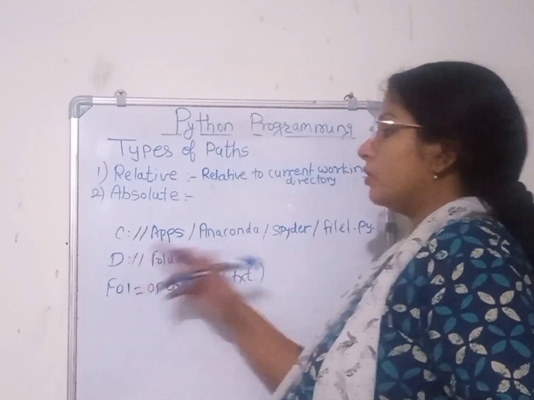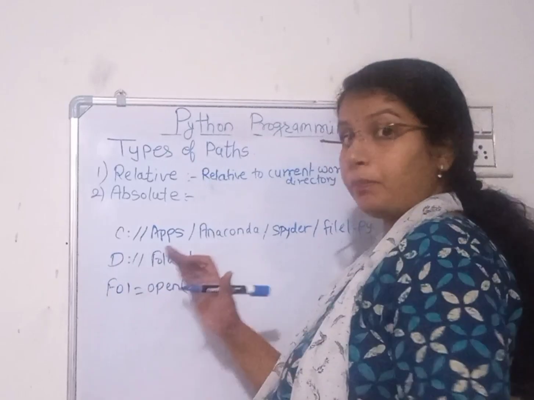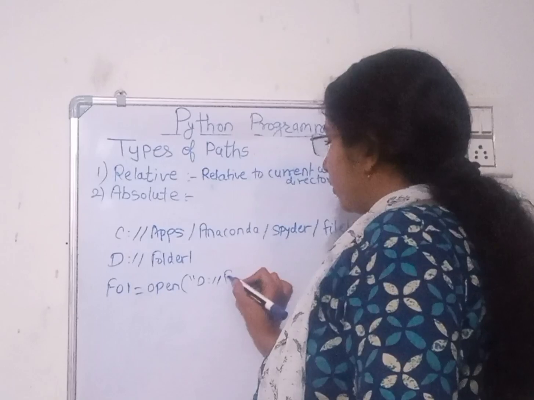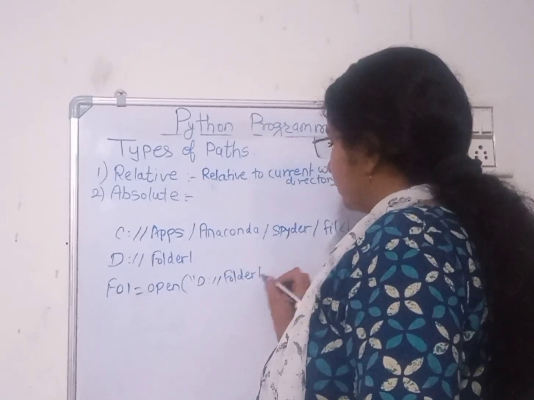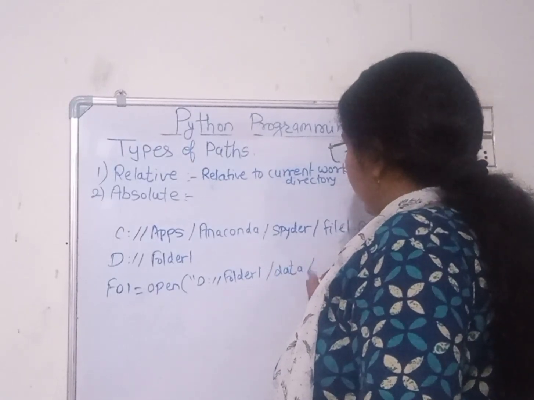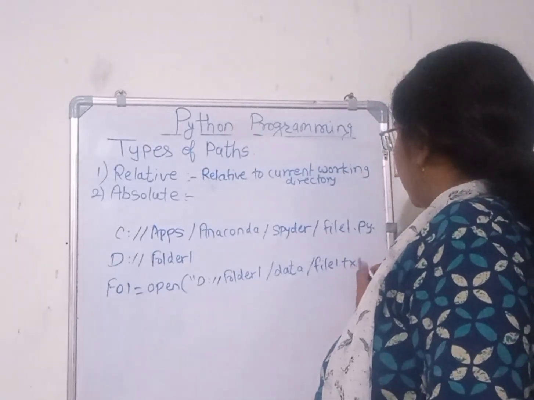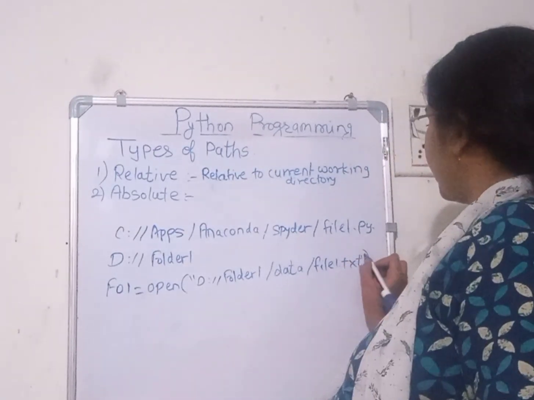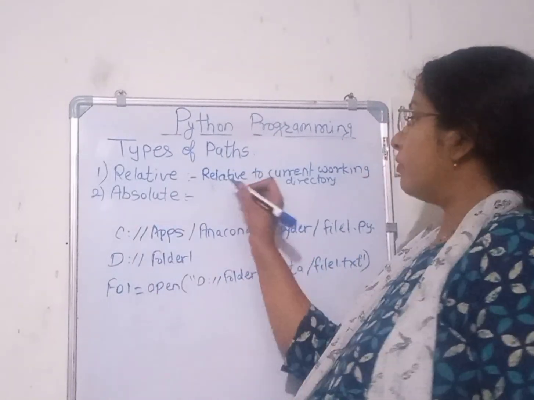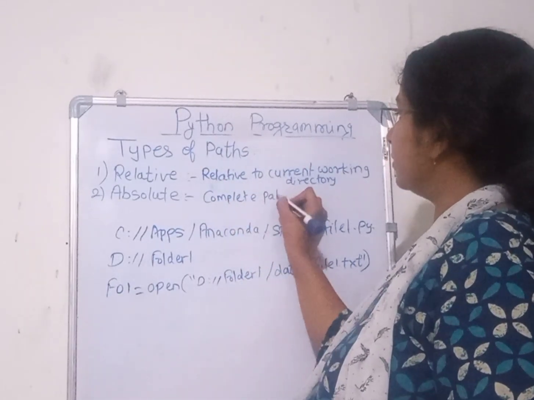But suppose your file is in the D drive, then you need to give the complete path. D drive, folder 1, this might be your first folder, then data will be your second folder, and inside that your file1.txt is there. So you need to give the complete path. That is your absolute path, where you are giving the complete path of the file.